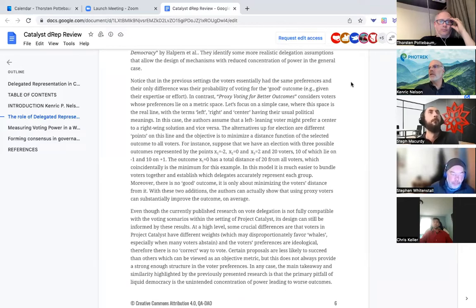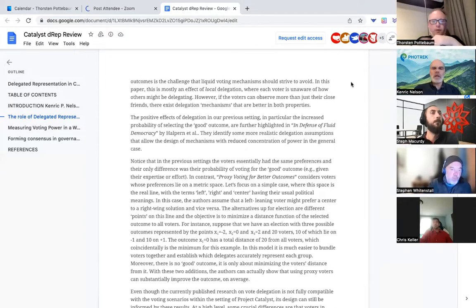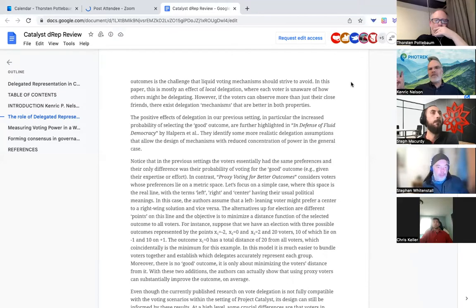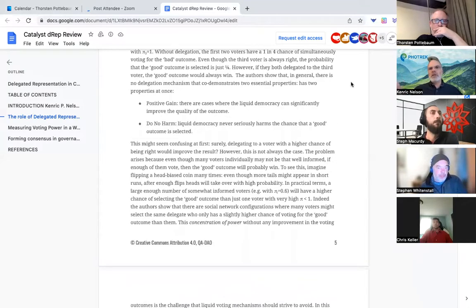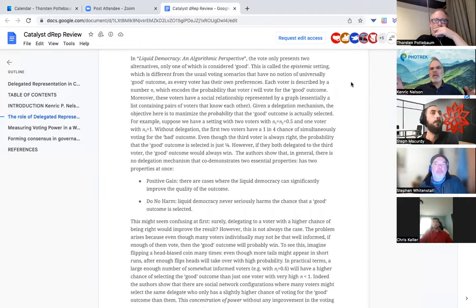So it says, given a delegation mechanism, the objective here is to maximize the probability that a good outcome is actually selected. Okay, so this is a challenging problem where you have to have a way of defining good. Now, in his introduction and in these papers, they just label that abstractly, where you artificially define a good outcome and a bad outcome.